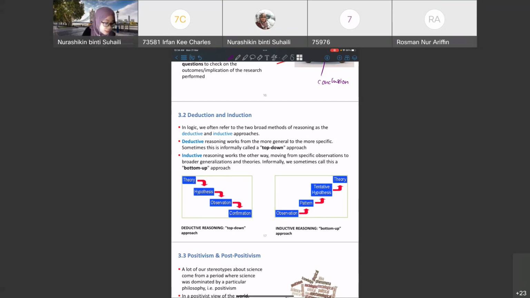So when we start with a theory, it's called deductive reasoning or deduction. Induction means at the end you produce that theory. You start first with whatever observation or results that you have, and at the end what you conclude is the theory. Okay, so that's the difference.